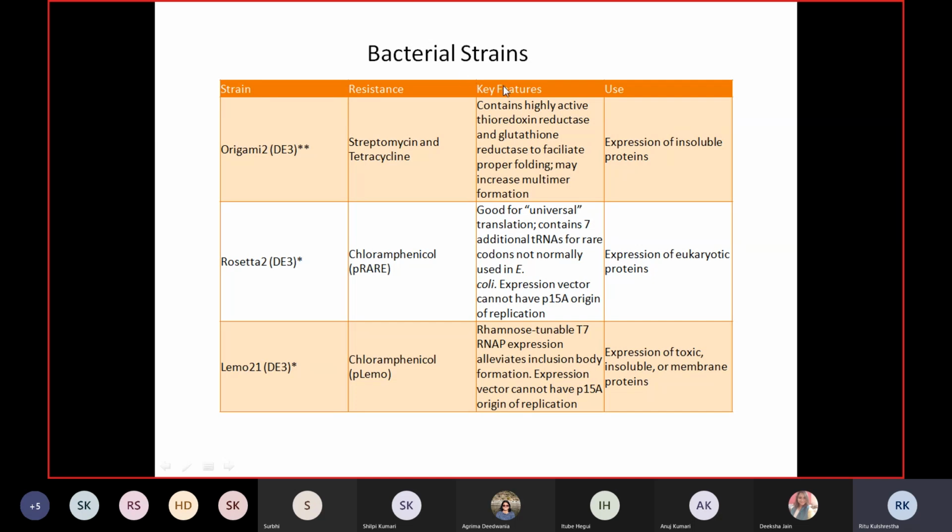So here, this particular strain contains highly active thioredoxin reductase and glutathione reductase, which facilitate proper folding. Maybe not shown here, but in many bacterial strains, they have also introduced post-translational modification enzymes.